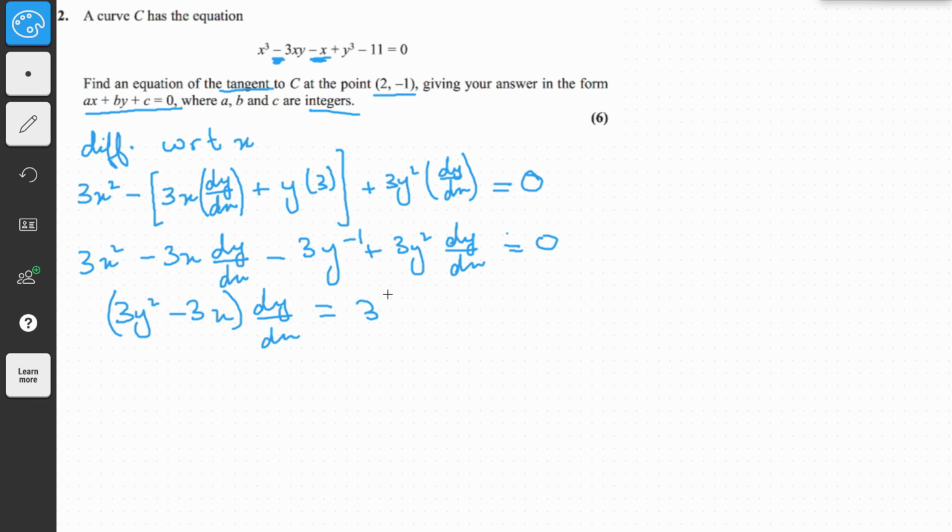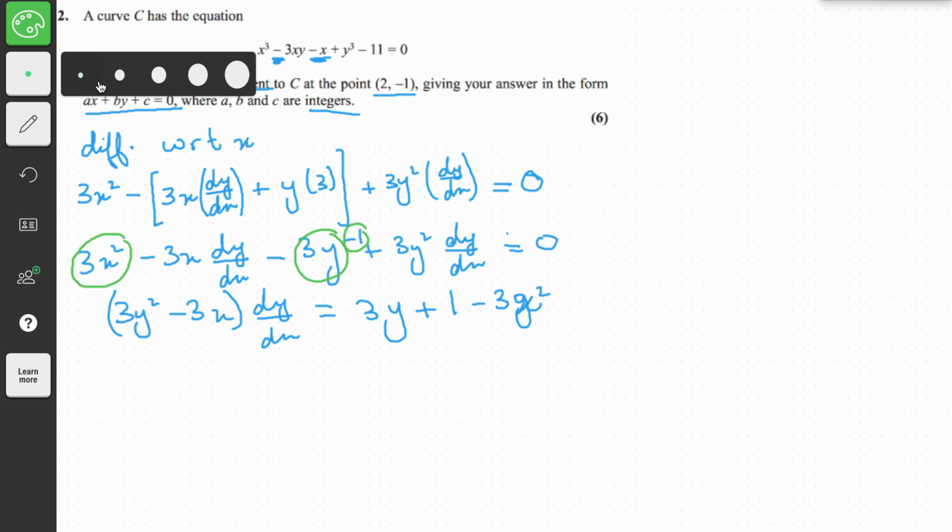So we have 3y plus 1 minus 3x squared. So basically it's these terms which I brought on the other side, and the negative 1. So 3y plus 1 plus 3x squared.